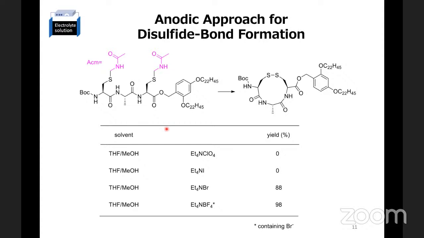The point here is that the third and fourth supporting electrolytes both have elements in which the bromine ion functions. In particular, it is important to note that the tetraethyl ammonium fluoride contains bromine as an impurity. It is also important to note that a trace amount of impurities can play an important role in electrolytic reactions.